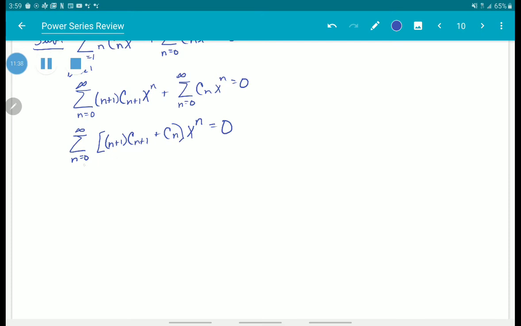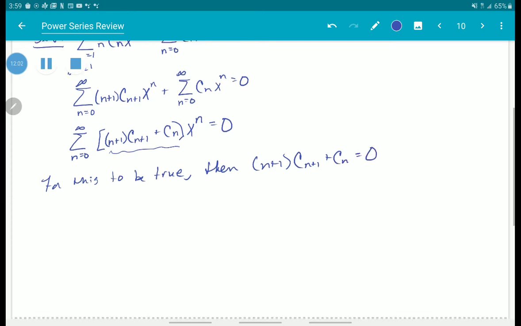The only way that if I'm adding a whole bunch of numbers together and I'm going to get 0 is if this constant is equal to 0. So we're going to set that constant equal to 0.